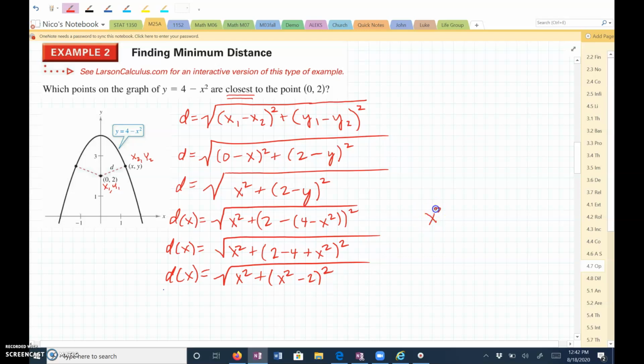And then I can multiply this out, where this would be x to the 4th minus 2x squared minus 2x squared plus 4.